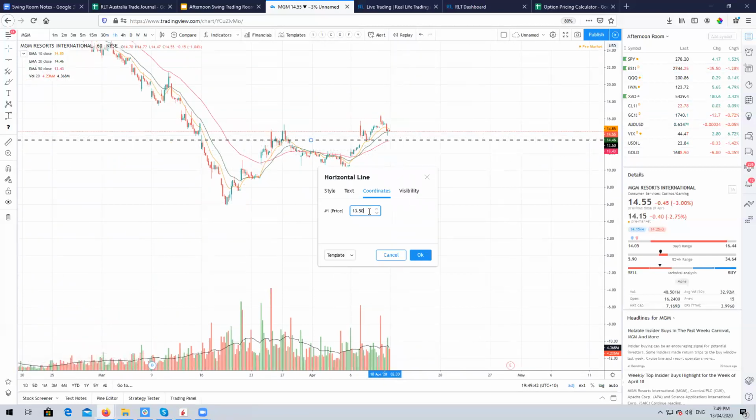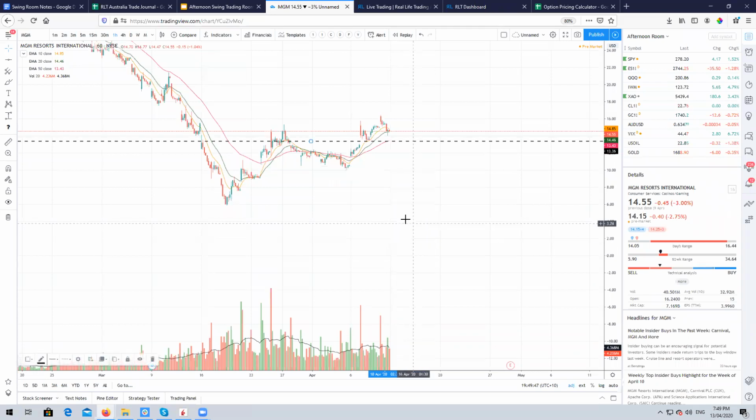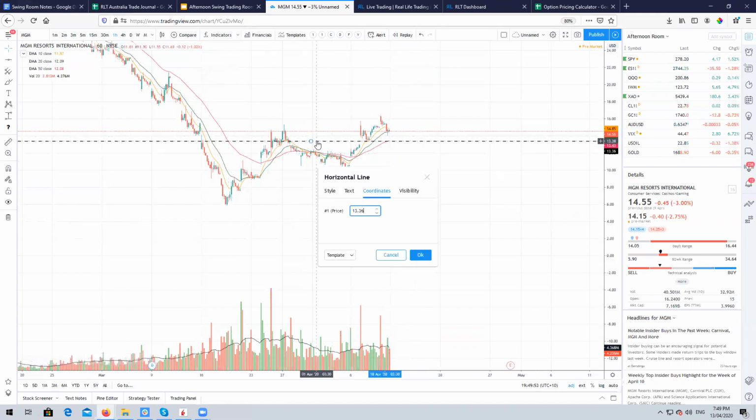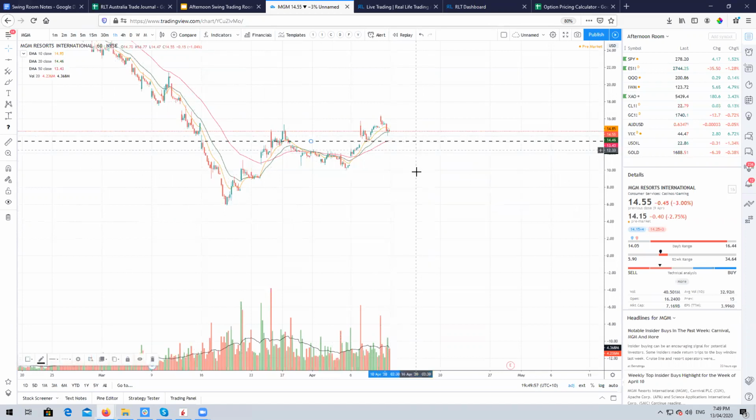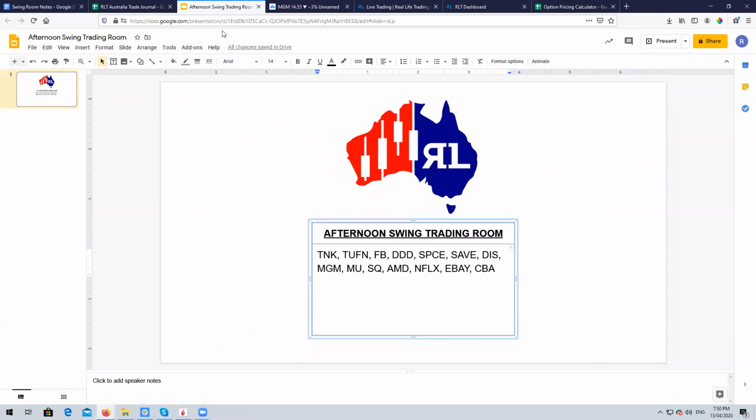Change it to 1335. 1335, not that much lower, but it's still just there. See what happens. Alert me. Cool. Keep an eye on that one.